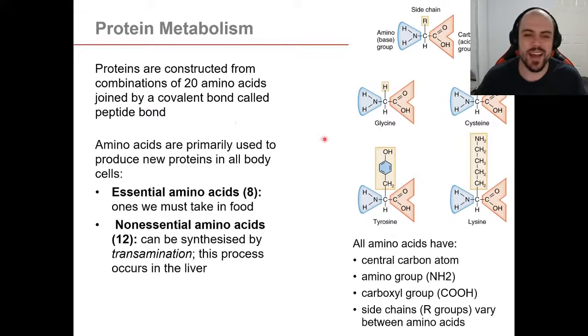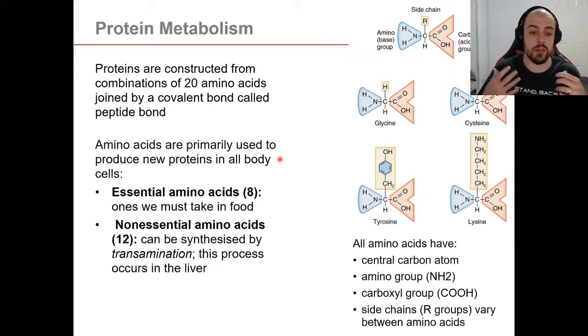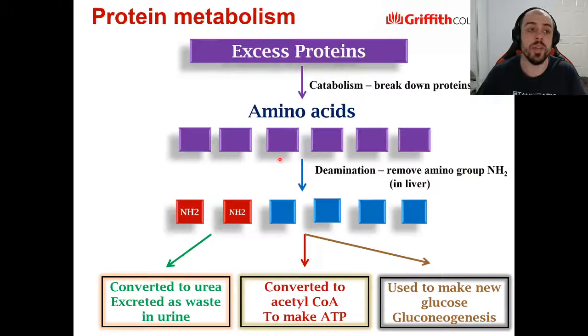But the big thing is that this is what I was saying about essential and non-essential amino acids. Converting tyrosine to phenylalanine is non-essential. We can convert it from one to the other in the liver, and that is indeed what we do. Now, if we do have an excess amount of protein, we can deaminate it.